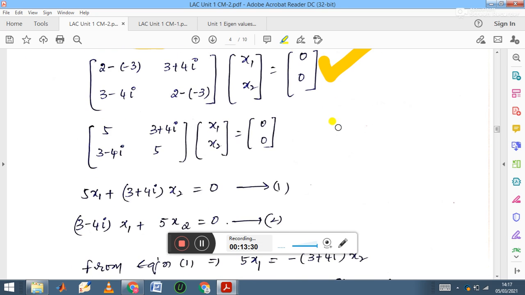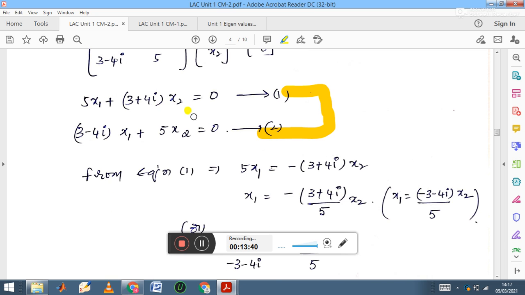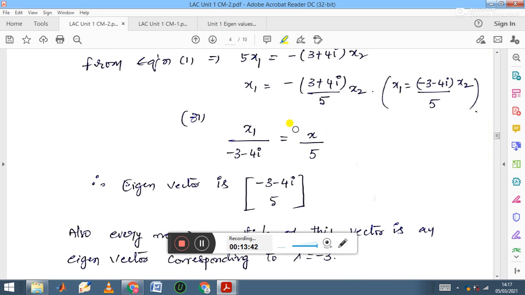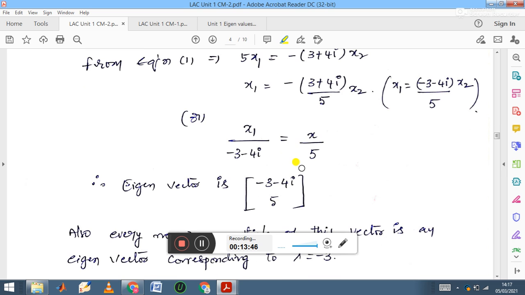Then if you write it in equation form, you get two equations. These two equations are homogeneous equations. So solve these equations and get the x1 and x2 values. If you solve this, you get the first eigenvector, -3, -4i and 5.